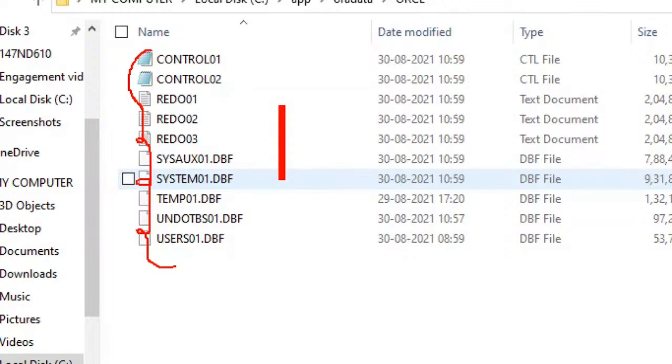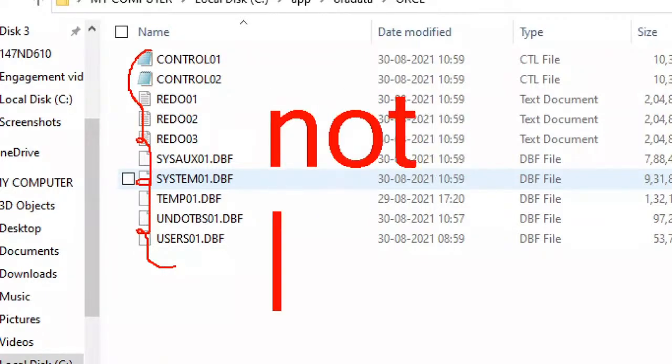But unfortunately, Z, the table I'm giving, is that visible in the operating system or not? Very good, not visible.